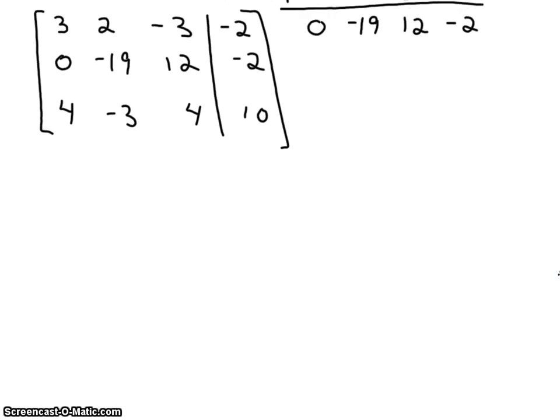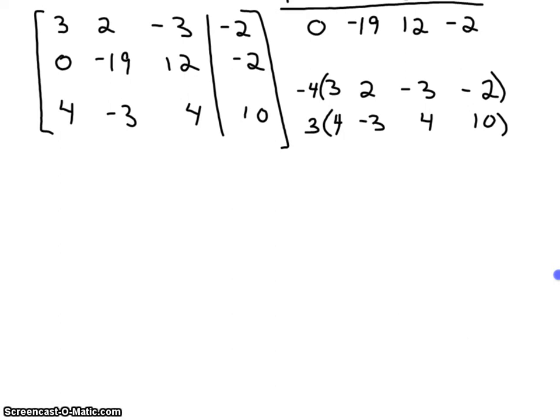Alright, great. Okay, now I want to use the first row, 3, 2, negative 3, negative 2, and row 3, 4, negative 3, 4, 10. And I want a 0 where the 4 is. Okay, so what I'm going to do is I have to multiply both of these. I'm going to multiply this first one by negative 4 and the second one by 3.